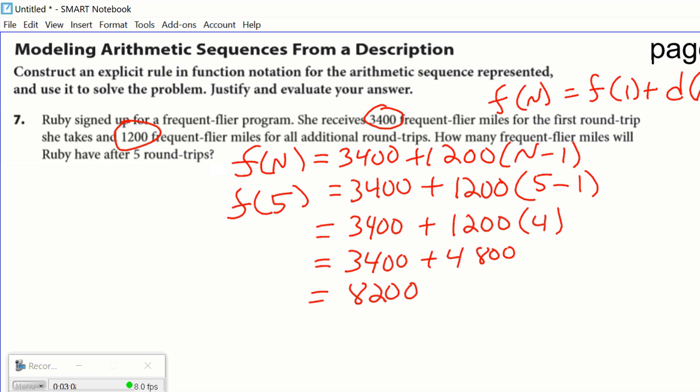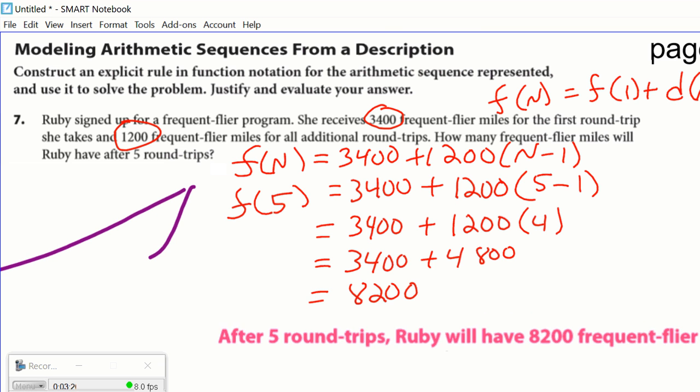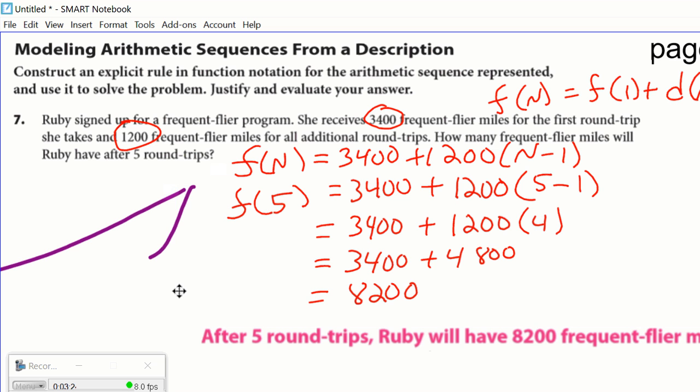So what does that mean in context? Well, oh, that doesn't look right. Let's do this. Pull this out. Awesome. All right, so after 5 round trips, Ruby will have 8,200 frequent flyer miles.